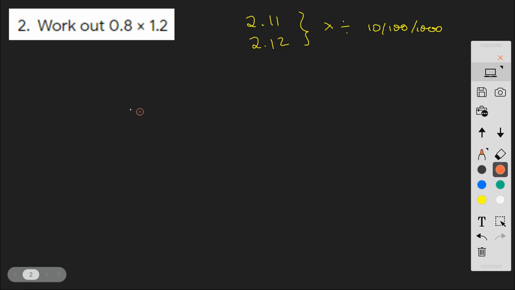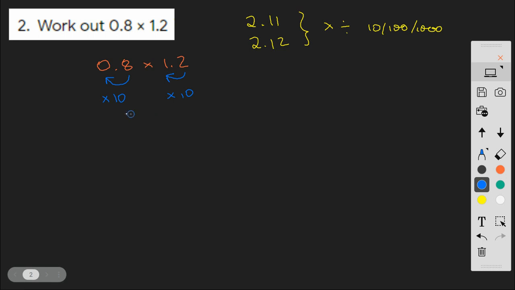Because what I want to do is try and get rid of these decimal points. Okay, so for each of these numbers, what do I need to do to get rid of the decimal points? Well, I need to move this 8 one place to the left, so that's multiplying by 10, and likewise I need to move these digits here one place to the left, so that's also multiplying by 10.